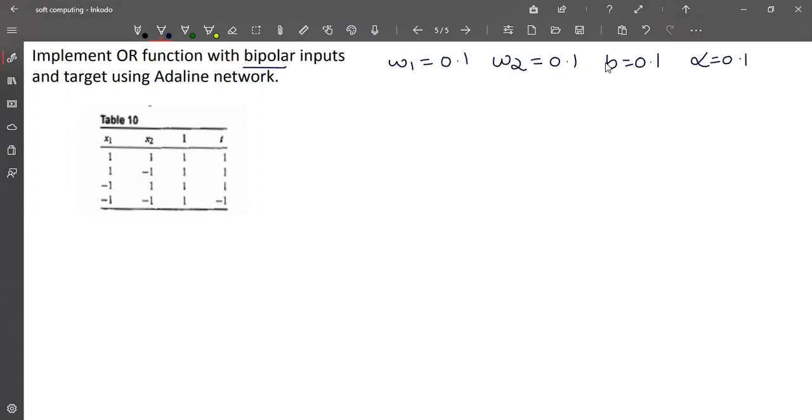Now we have to calculate the net input value for each input. So for first input, net input y is equal to, the formula is bias value plus weight 1 into x1 plus weight 2 into x2.